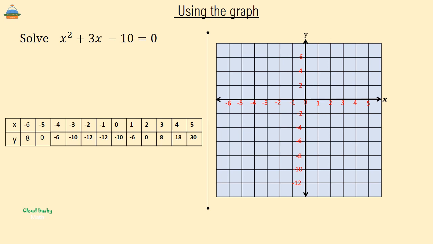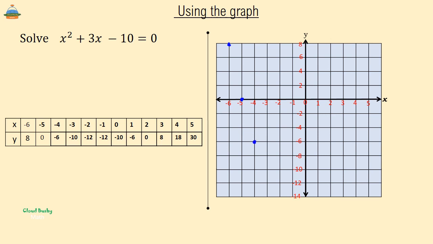On the y-axis, we're going to use numbers from -14 up to +8, just making sure that all the numbers in the table can be shown on our graph. First point is -6, 8. X is -6 and y is 8. The next point is -5, 0.